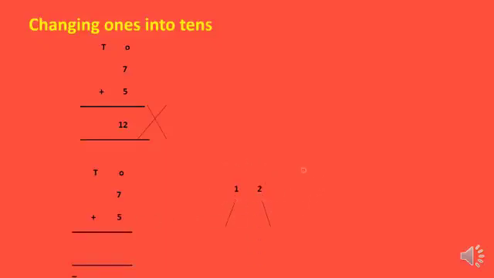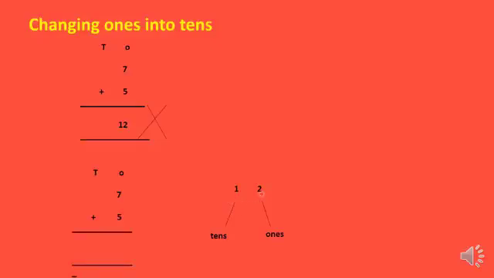In 12, see, 2 is in the ones place, 1 is in the tens place. In 12, how many tens are there, children? 1 ten. How many ones are there? 2 ones.